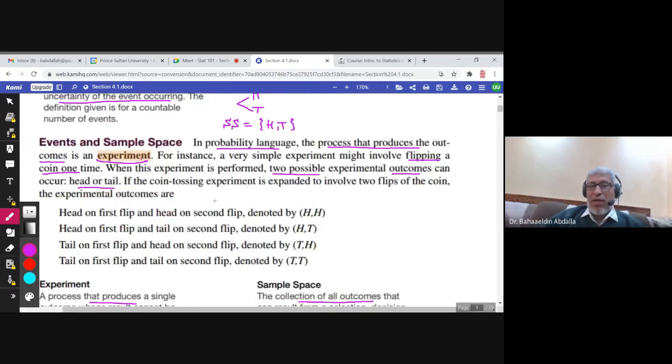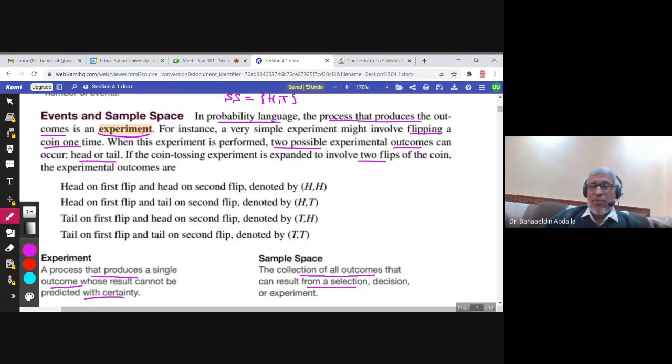Well, if we flip the coin twice, then the first coin could be H or T. And if the first coin is H, the second could be also H or T. And if the first is T, tail, the second could be H or T. So the sample space in this case would be HH, which is a single outcome for this experiment because you are flipping the coin twice.